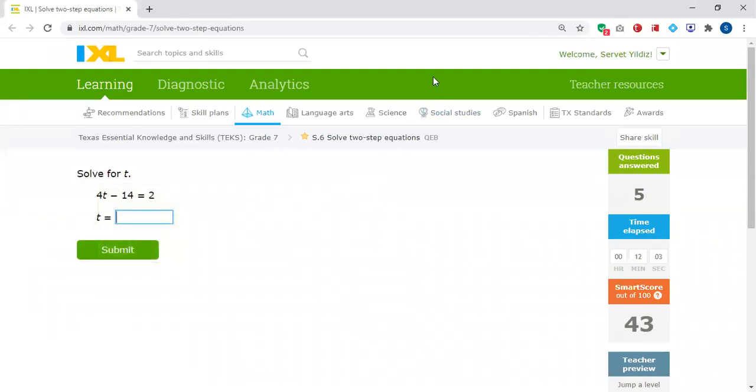And now let's look at this example. 4 times t minus 14 is equal to 2. I'm leaving a space because I'm doing the same thing to both sides. So I'm going to add 14 to both sides.